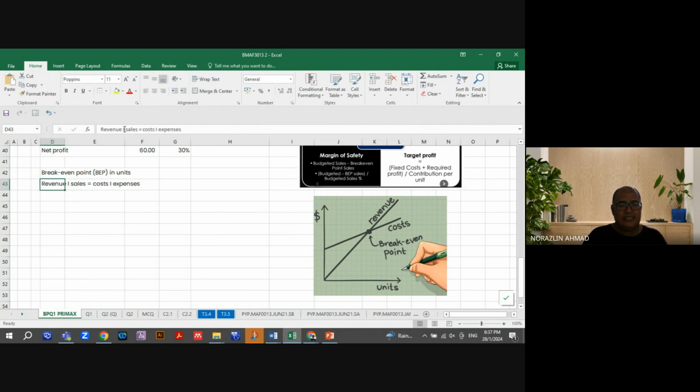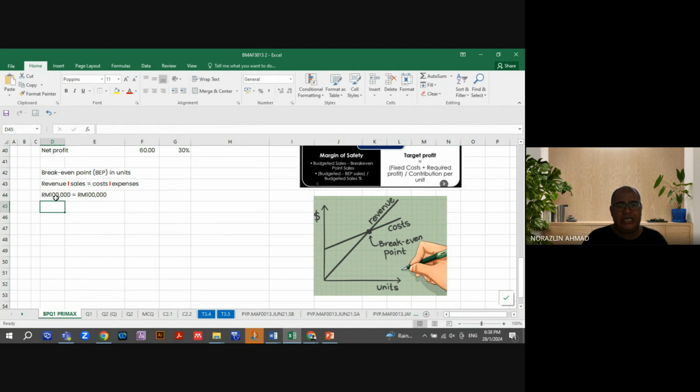For example, revenue RM 100,000 equal to cost RM 100,000.